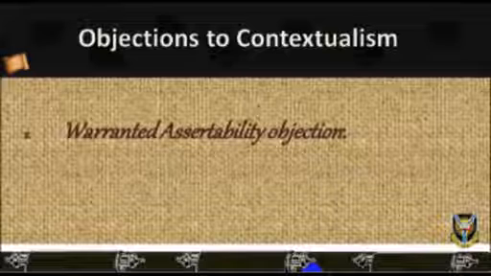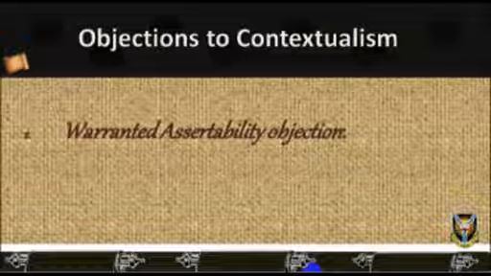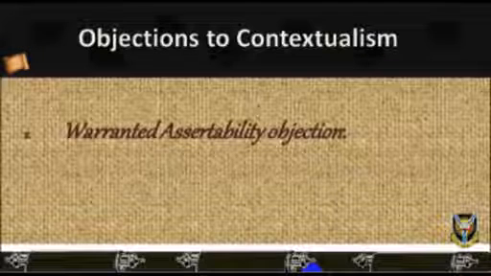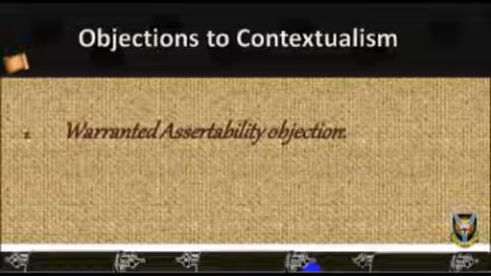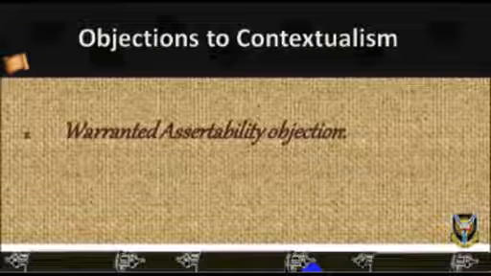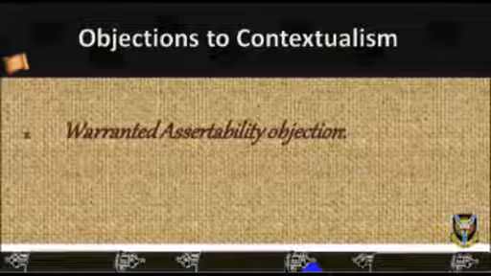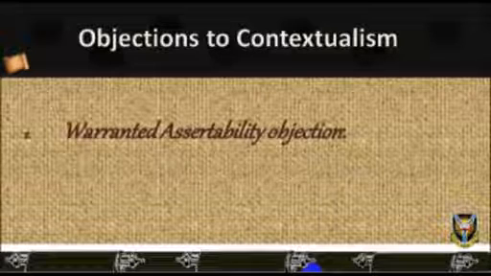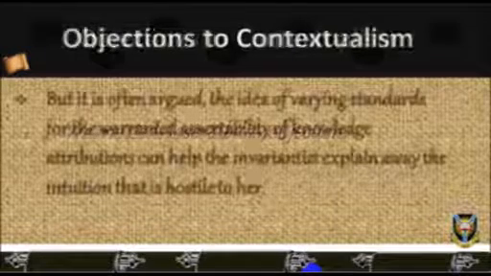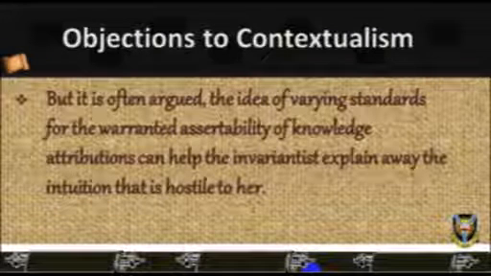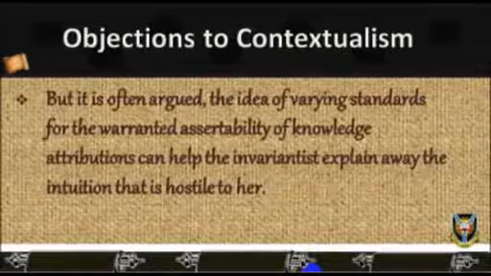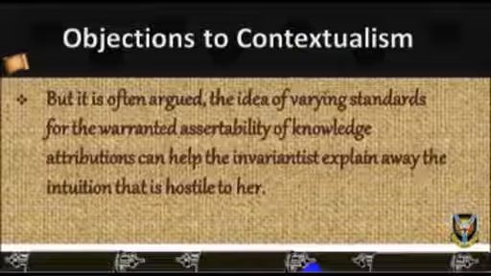If the contextualist has chosen a pair of cases well, there will be a quite strong intuition about each assertion, at least when it is considered individually, that it is true. The invariantist, of course, cannot accept that both of the speakers' assertions are true, and so must deny a quite strong intuition. But it is often argued that the idea of varying standards for the warranted assertability of knowledge attributions can help the invariantist explain away the intuition that is hostile to her.